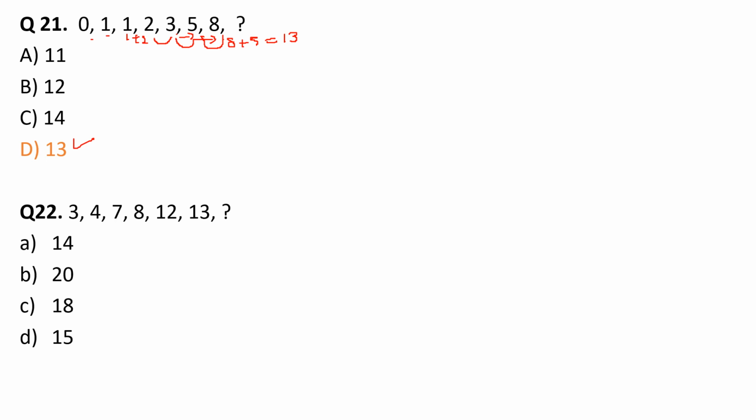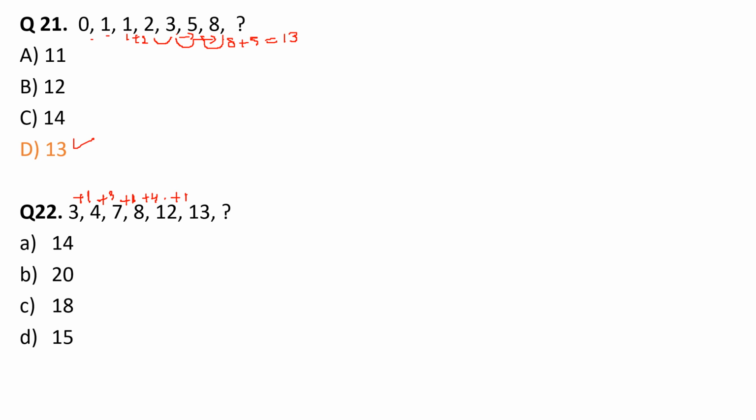Next question. 3, 4, 7, 8, 12, 13 and what? Now let us see the difference here. The difference between 3 and 4: 3 plus 1 is 4. 4 plus 3 is 7. 7 plus 1 is 8. 8 plus 4 is 12. 12 plus 1 is 13.